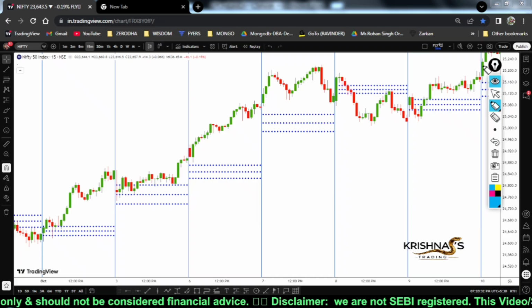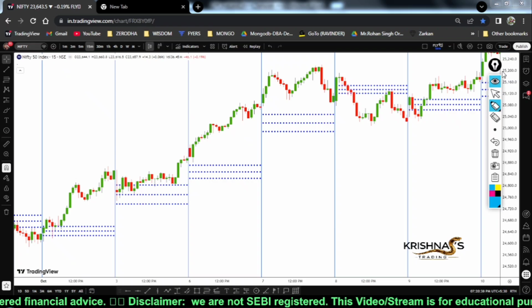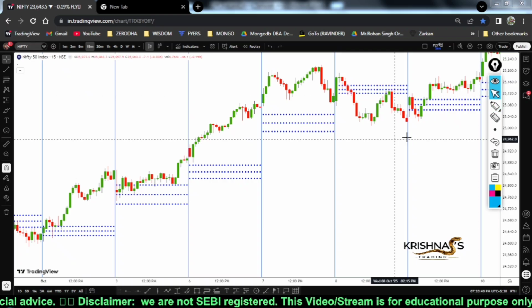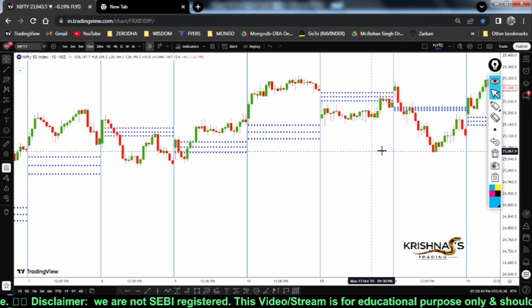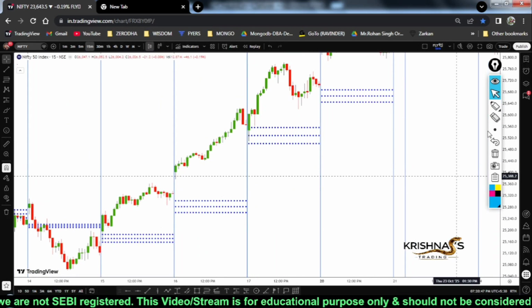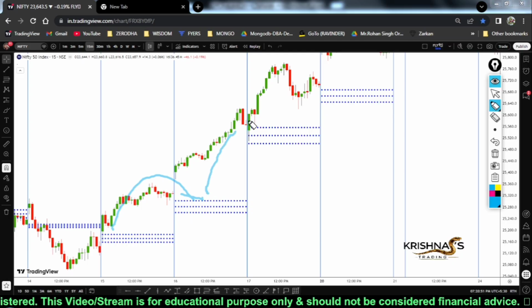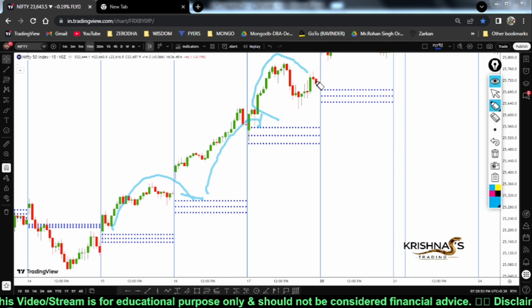On an ascending CPR, as I said, we can expect the market to be in a bullish mode. This is also ascending CPR, ascending CPR, and ascending CPR.